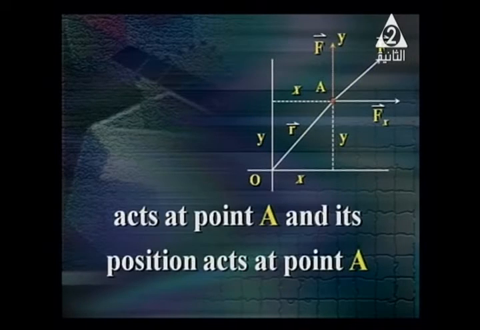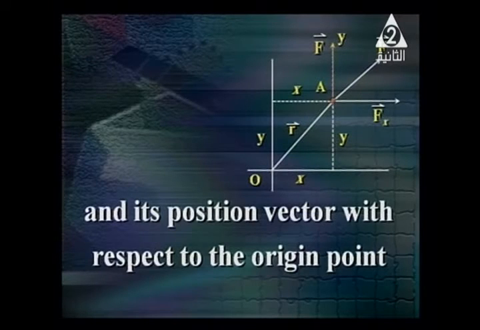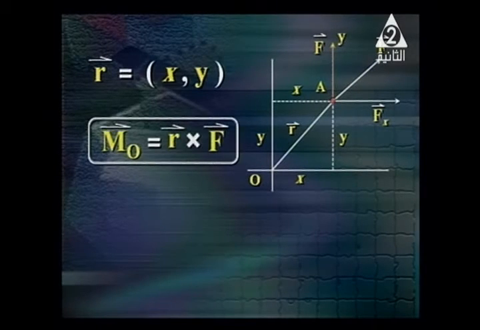In this case, F equals Fx i plus Fy j, acting at point A, and its position vector with respect to the origin is the r vector (x, y). The moment about the origin O equals r vector cross F vector.